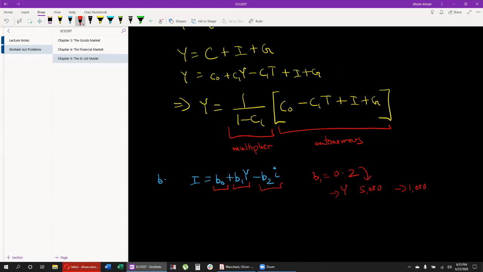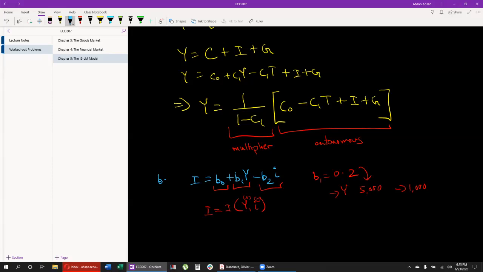And this tells us that as interest rate goes up, investment falls. And we have talked about this before. Remember I equals I(Y, i), and the relationship was that this was positive and this was negative. So we've seen exactly this equation before.